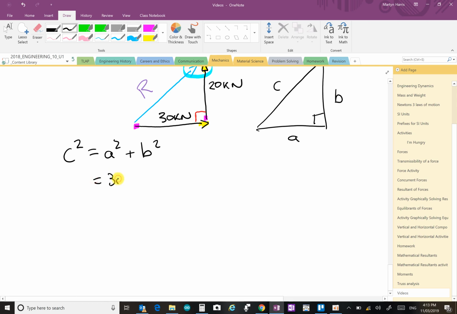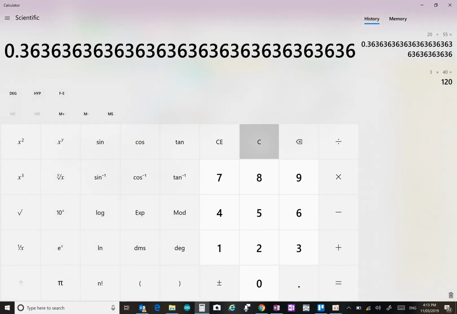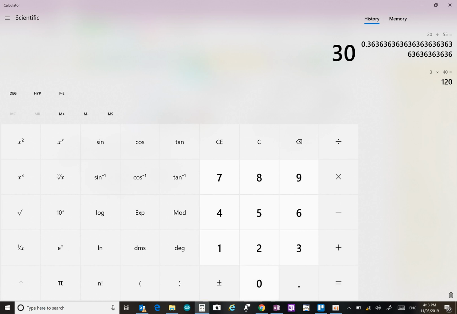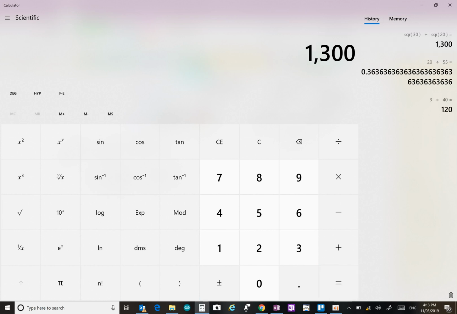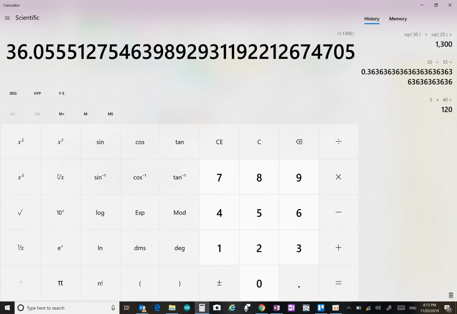So I'm going to say 30 squared plus 20 squared equals, well, whatever C squared is. So let's have a look. I'm just going to clear that, and I go 30 squared plus 20 squared equals, and I'm going to square root that, and I end up with 36.1.